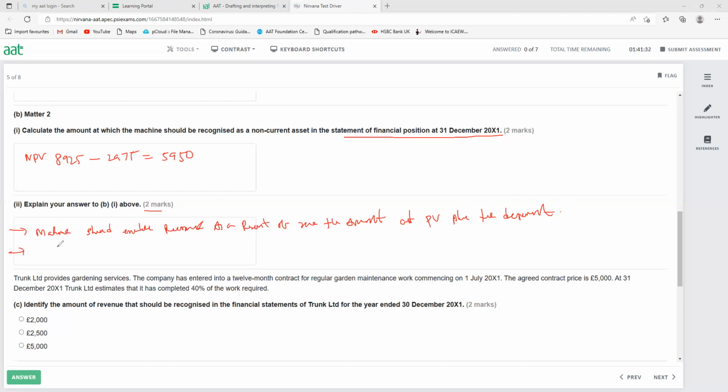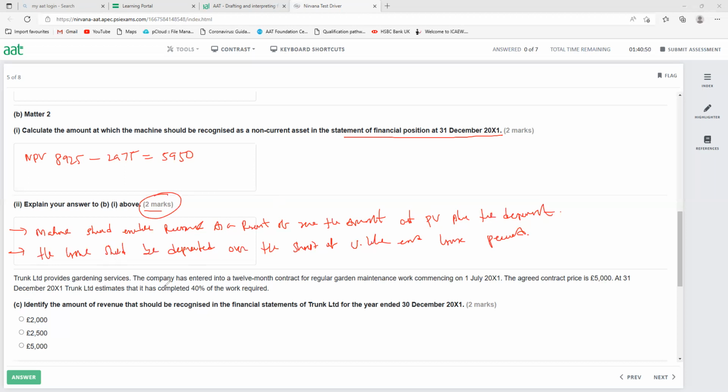Number 2 will say the lease should be depreciated over the shorter of useful life and the lease period. Between these two, we take the shorter one. So for 2 marks, 2 sentences would be more than enough.